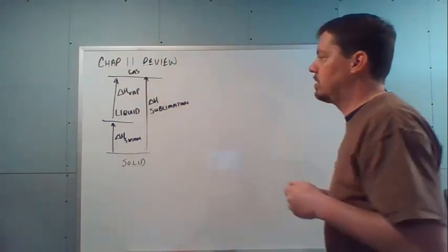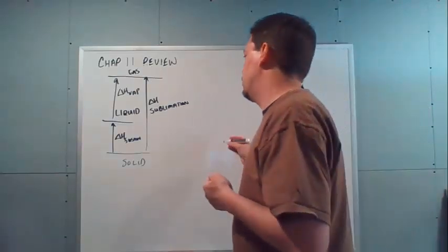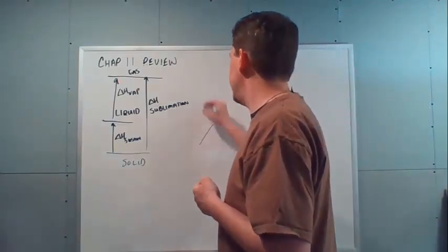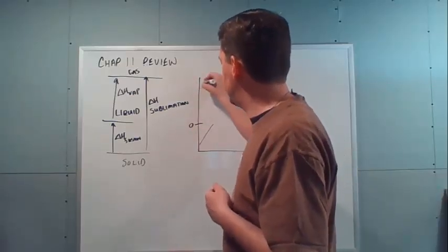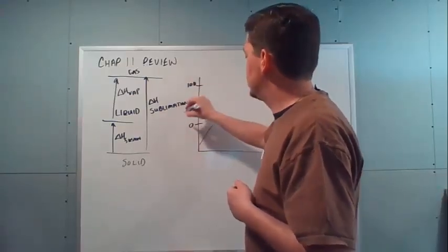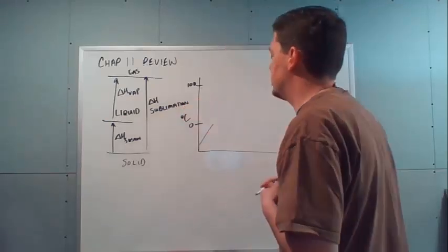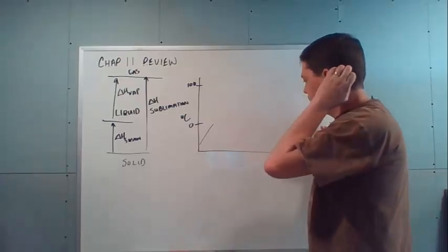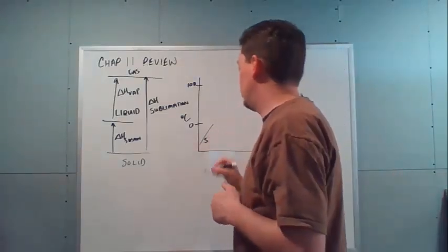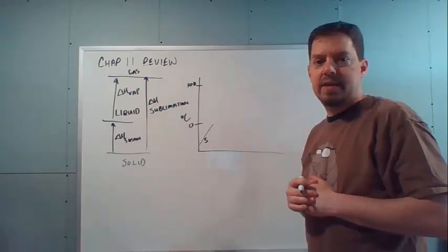Okay, so what does that look like if we were to take water and start to heat it? Well, what we find is if we take water, and we'll say 0 is here and 100 is here, as in our temperature in degrees Celsius, if we take water that's below 0 degrees Celsius and start to heat it, we know that water at that point is in its solid phase, right?